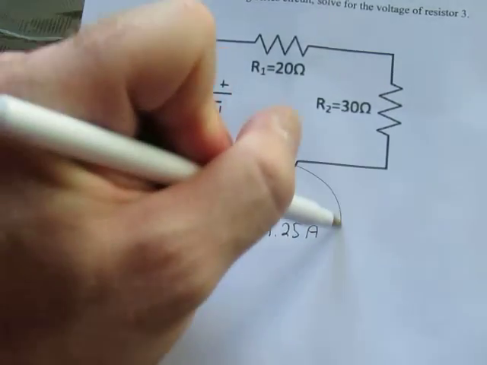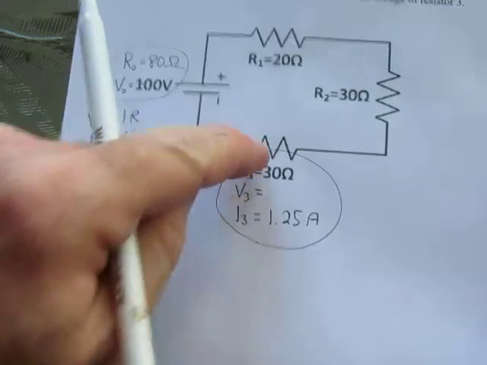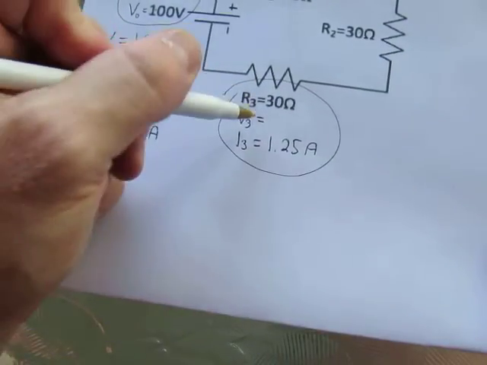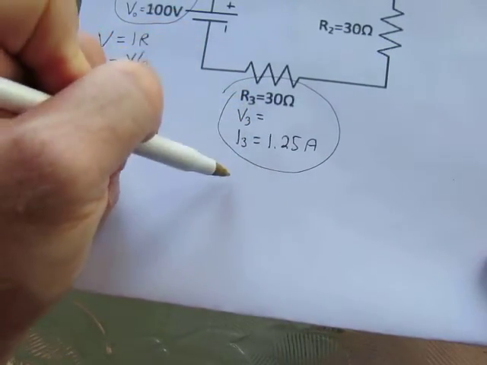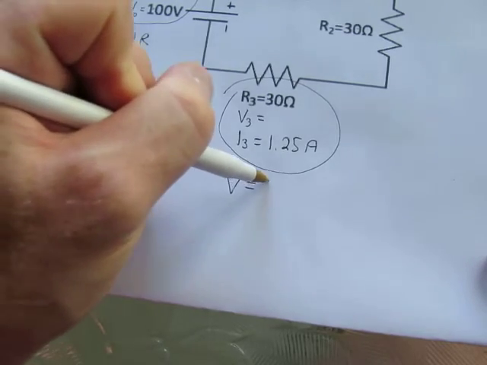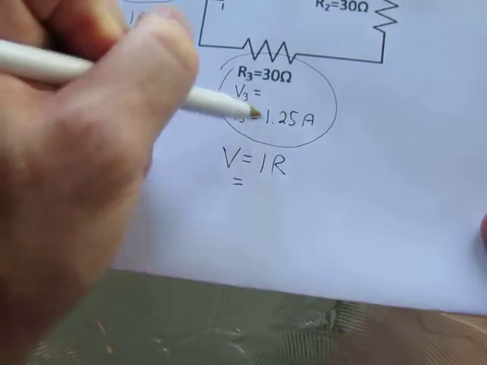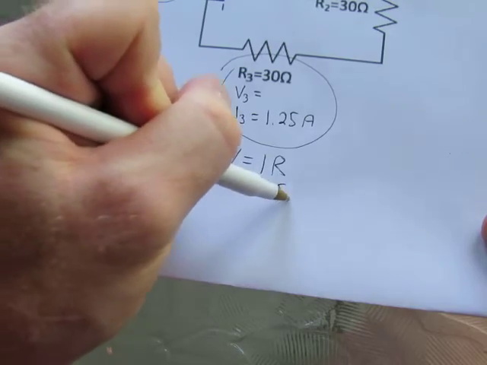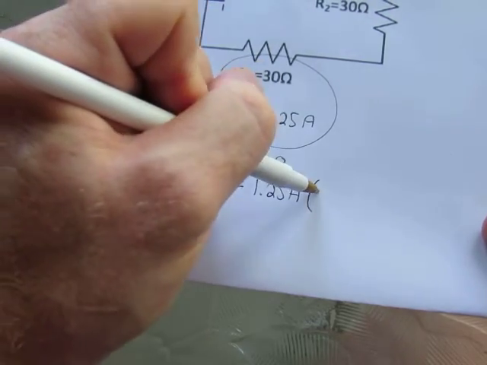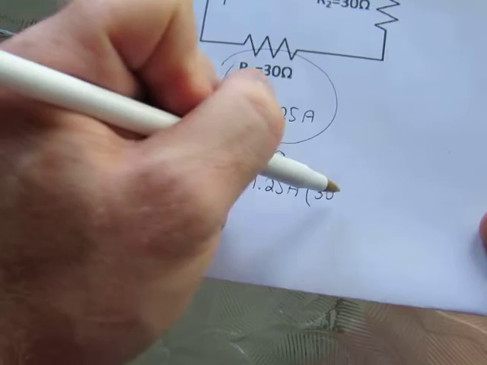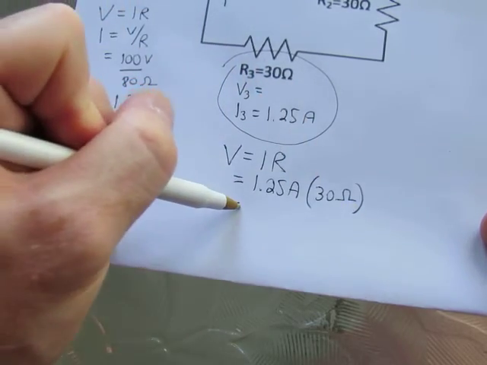But now I have 2 numbers right here on resistor number 3, and I can use Ohm's law again with these 2 numbers. The voltage here will be IR. And then the current is 1.25 amps. The resistance just at this resistor is 30 ohms.